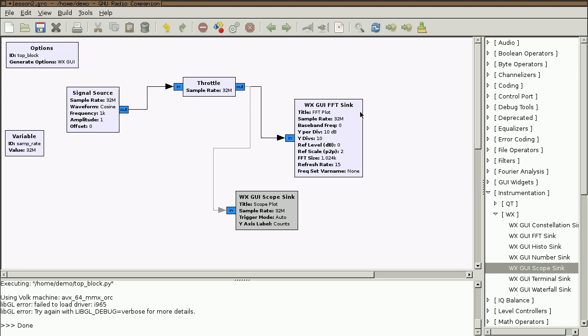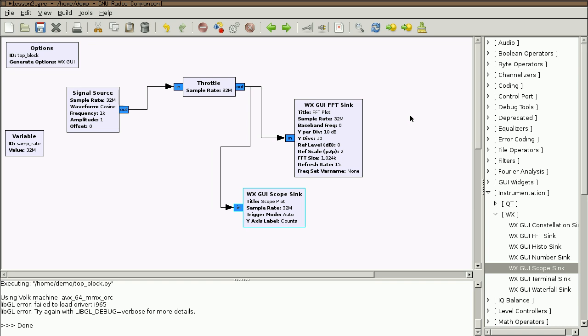Now, we've explored a little bit with the scope sink, and it's interesting to note that sample rate means something to the scope sink too, and basically it's going to be the same type of story as we see in the FFT sink.